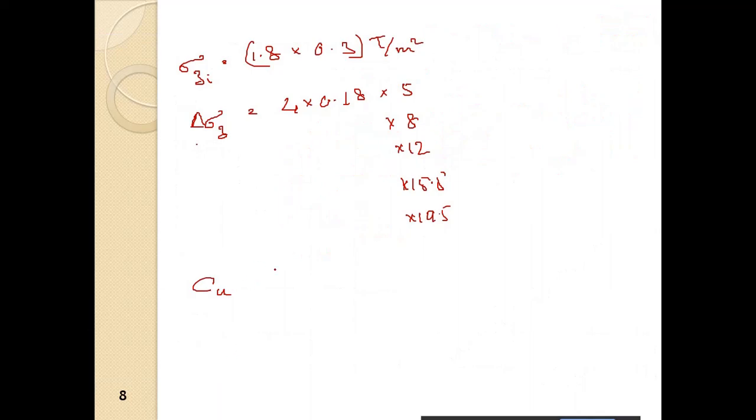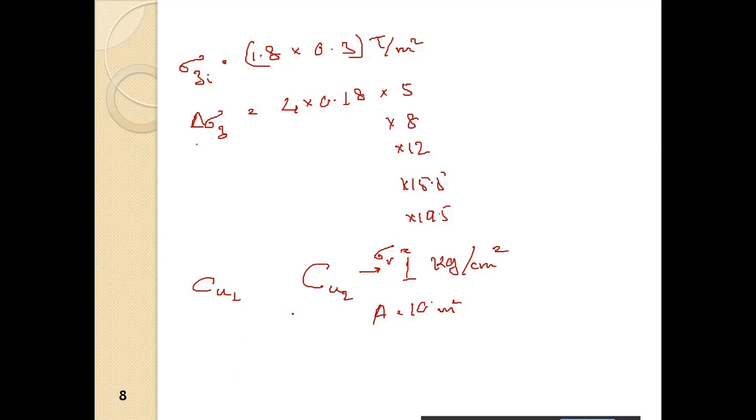Now this is CU1, and we need CU2 for a stress of 1 kg per centimeter square. Sigma V should be equal to 1 kg per centimeter square, and area A should be equal to 10 meter square.